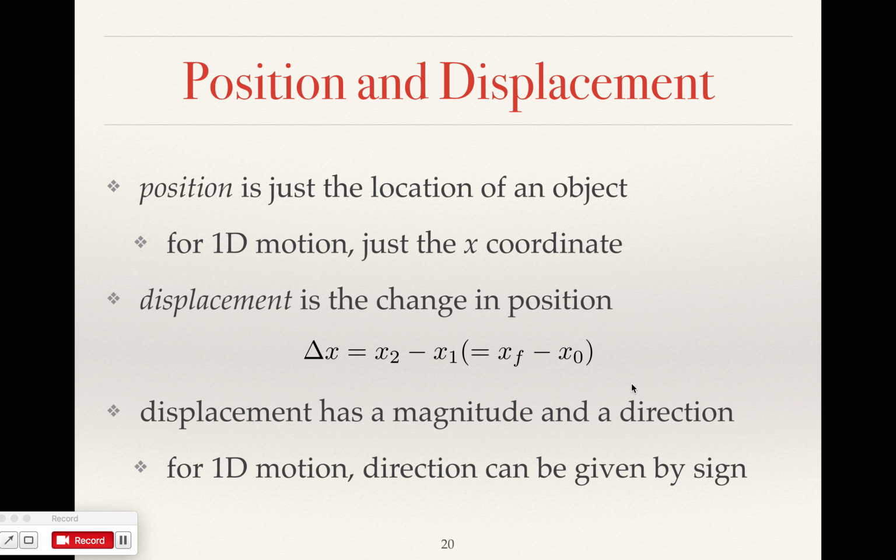So there's only two possibilities, so we can denote it by a sign. And the convention is, just like you'd think with a number line, if you've got a horizontal line, to the right is positive, to the left is negative. And if it's vertical motion, up is positive and down is negative. Although that's just a convention, so you may have good reasons for picking something else.